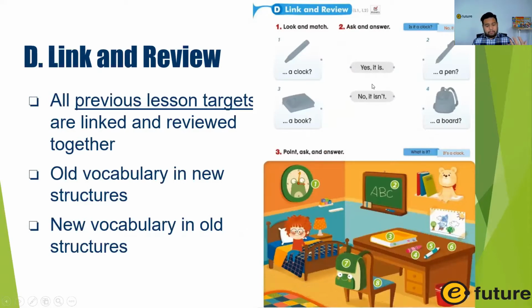So with a lot of eFuture books, we tried to link language and vocabulary from previous lessons into the current lesson. I don't know if you can see on the very top, right next to where it says Link and Review, it says L1 and L2. And that is lesson 1 and lesson 2. So that's where these old targets are being taken.